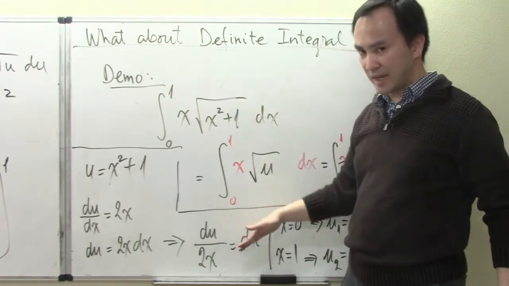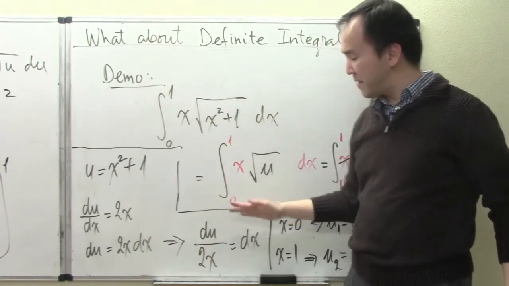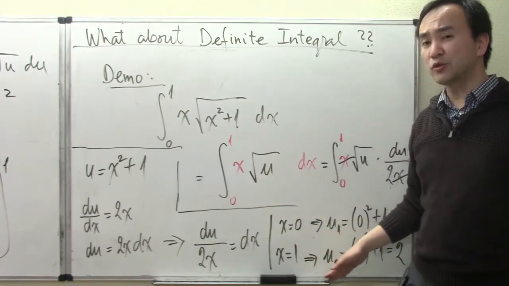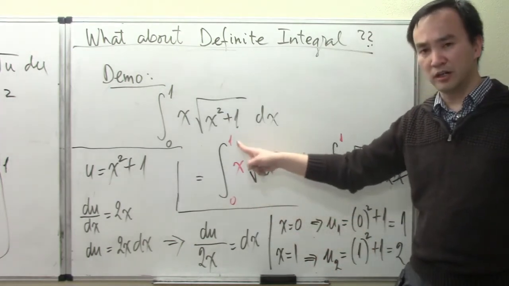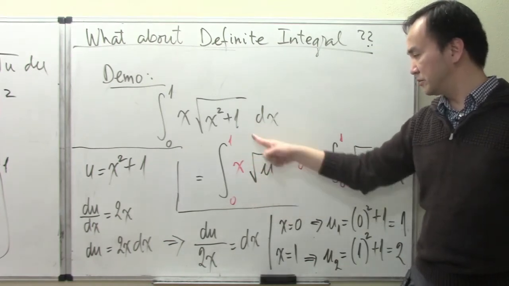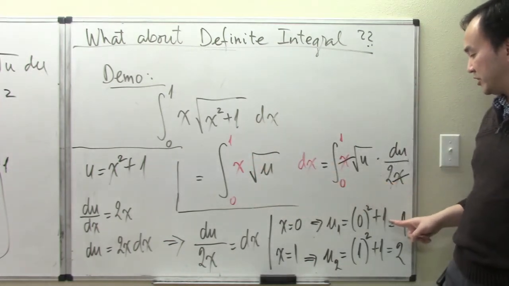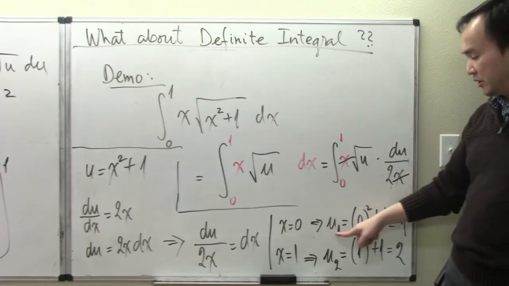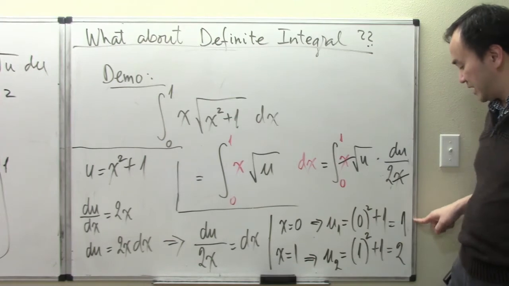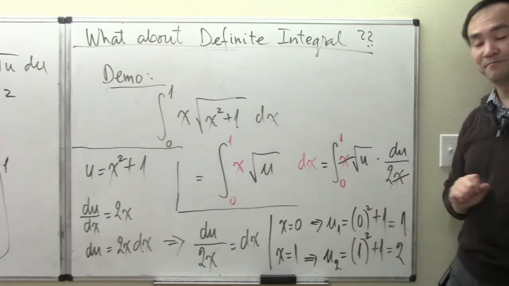Everything remains exactly the same, all that work structure remains the same, except on top of that you go one extra step. Change your integral limits into those values corresponding to your new variable. Here I chose u, so these correspond to the u variable.